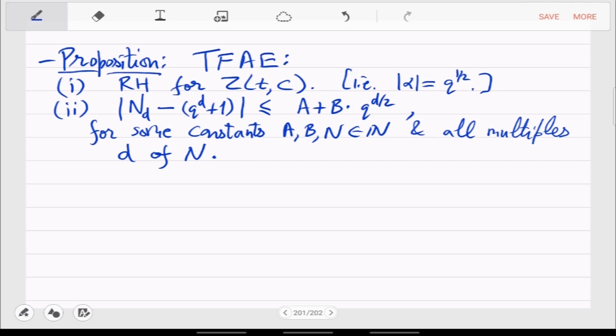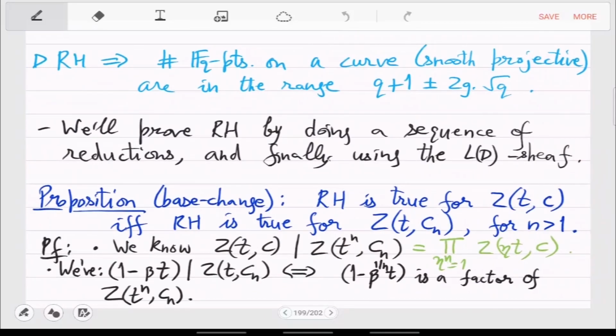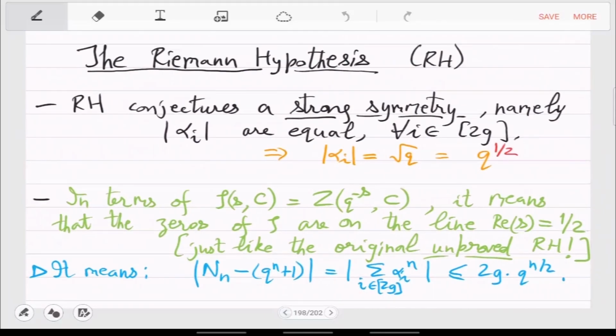So this is a relatively non-trivial equivalence. This has to be compared obviously with what we said before, which is this line at the bottom.